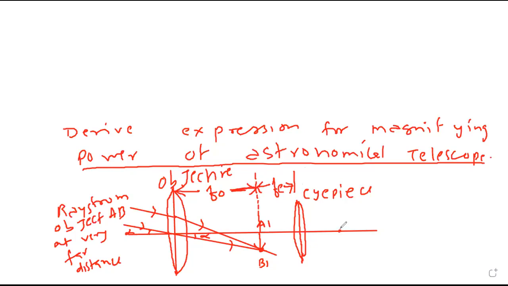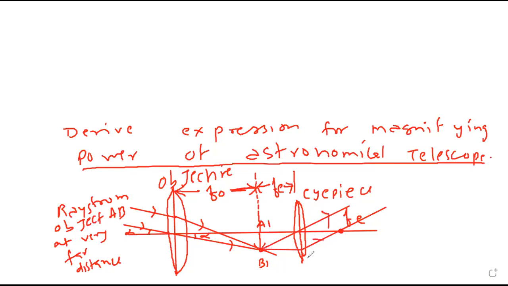Whatever distance you are taking here, exactly the same you take on the other side for focus. Now the ray parallel to the principal axis will pass through focus, and the ray passing through the optical center will remain undeviated. So these two rays will be parallel to each other.